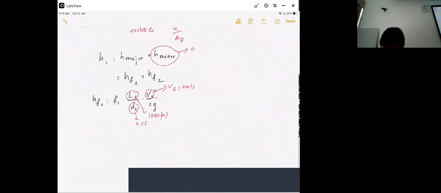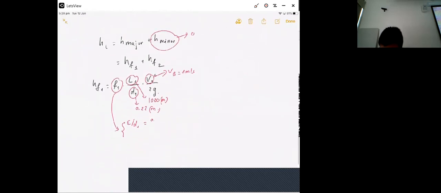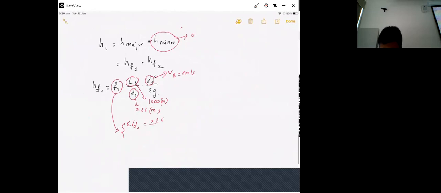And the friction coefficient F1 depends on epsilon over D1, with epsilon 0.26 millimeter divided by 220 millimeter. 220 millimeter is the diameter of pipe 1. And Reynolds number 1.